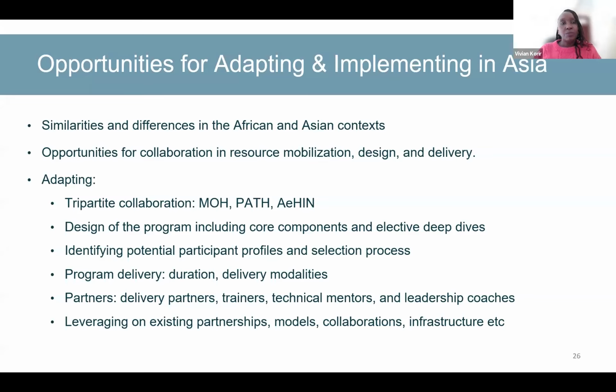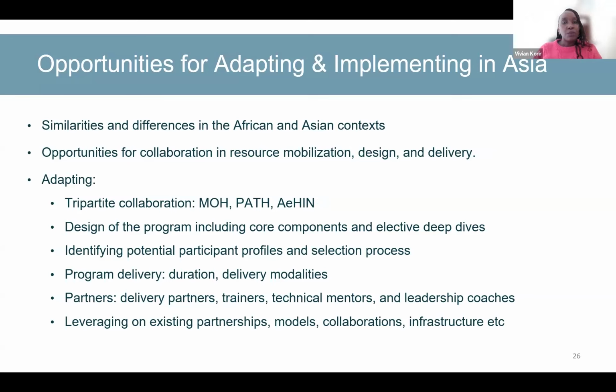There are a lot of similarities, but we also appreciate the differences in context. And since this program is highly adaptable, adapting it for implementation in Asia is possible.